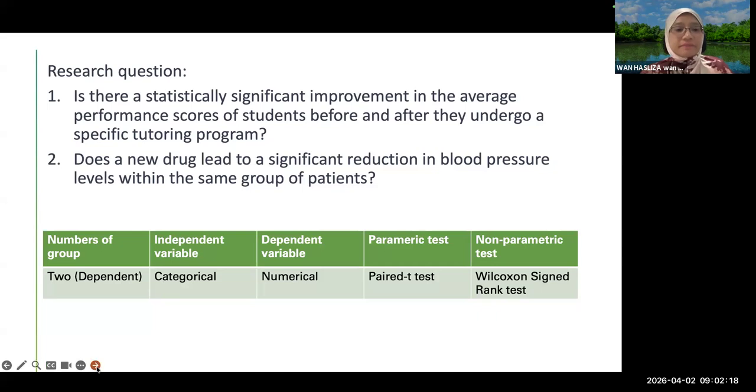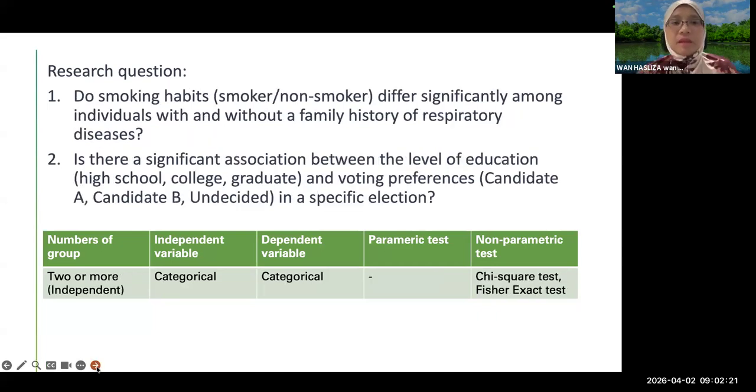Okay. Next, we move to categorical versus categorical. Example, do smoking habits, smoker and non-smoker, differ significantly among individuals with family history or without family history? You want to see the smoking habit. Of course, this is the outcome I want to see: either they become smoker or non-smoker.